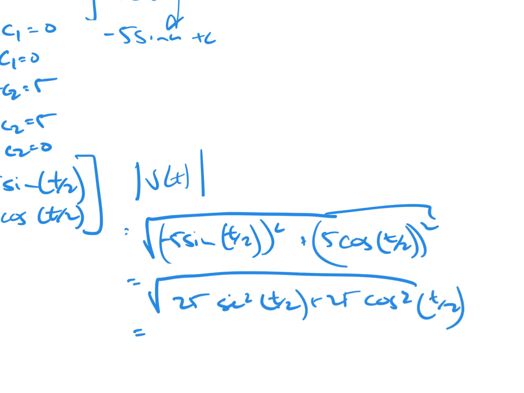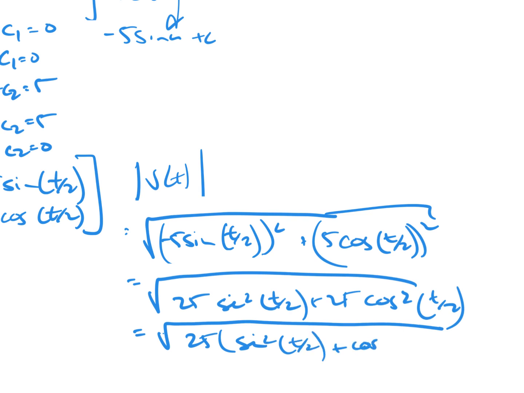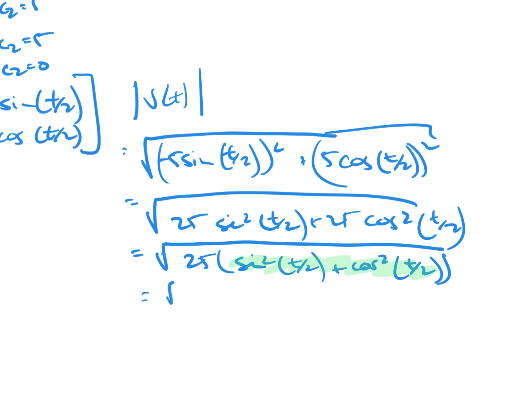I can pull out the 25, which leaves me with sine squared t over 2 plus cosine squared t over 2. I have to recognize that this is my identity, and that's equal to 1. And so it's just the square root of 25, which is 5. So my speed is 5 meters per second, how fast the seal is moving.